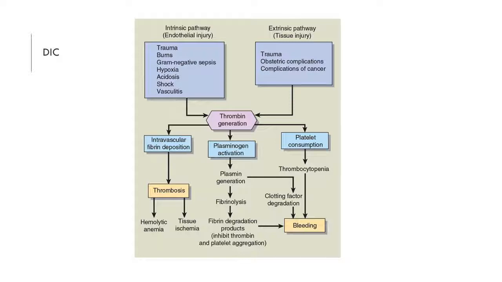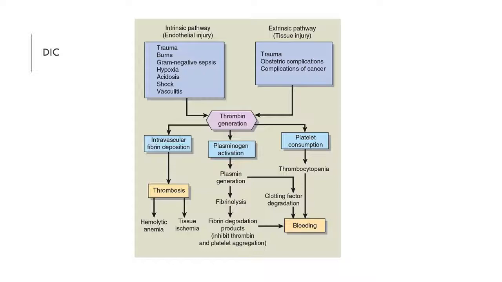If acidosis is what caused it, and sepsis or shock is what caused it, then we've got to treat the sepsis, and we've got to treat the shock and the acidosis. And by correcting the acidosis, it helps to decrease this cascade that's going on.